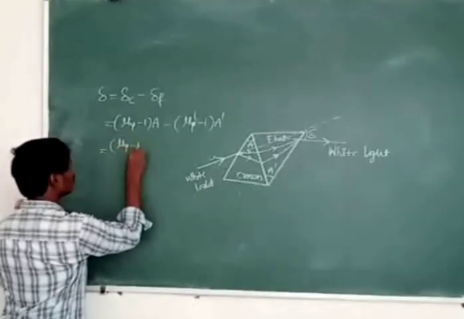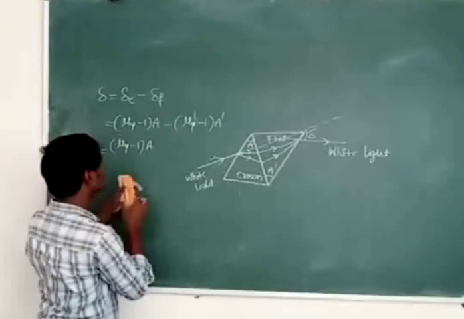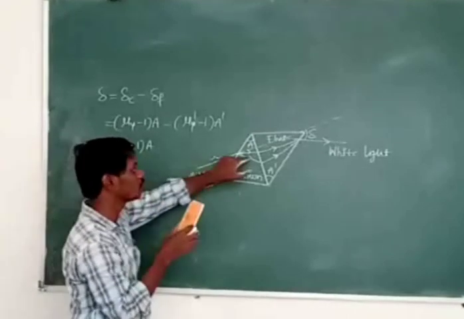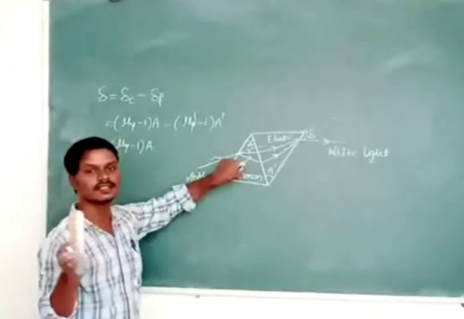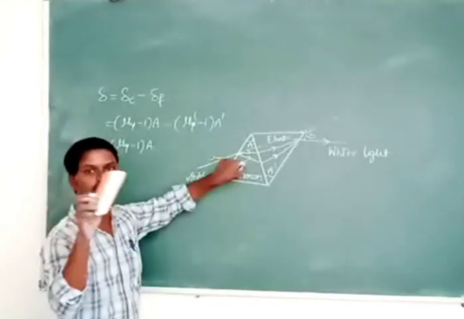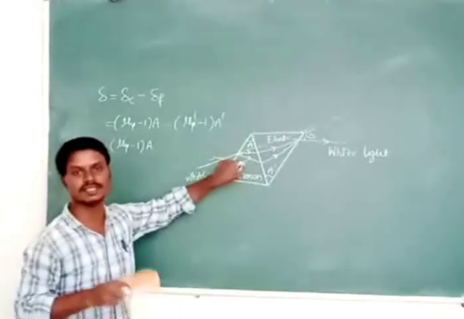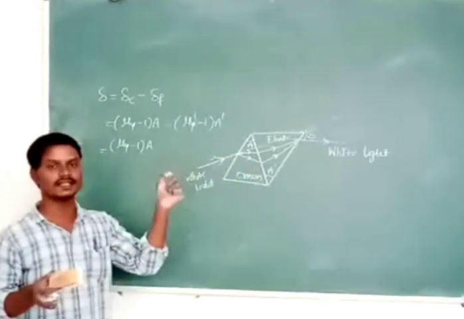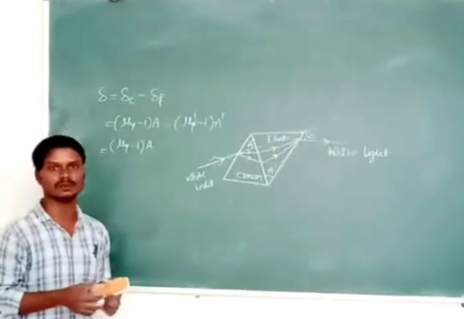So we are going to take the mean angle of deviation for both prisms. The mean angle of deviation of red and violet is the angle of deviation of yellow.